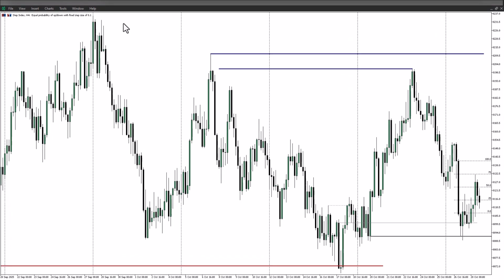Step index on a 4-hour time frame. I have put a lot of emphasis on this new week inefficiency, and you can clearly see that it is a bearish inefficiency. Since we began a new trading week on this particular opening price, this is Sunday, we have gone up and we printed relative equal highs close to this high up here.